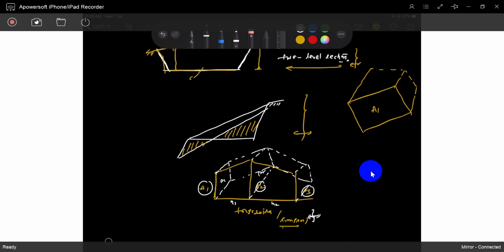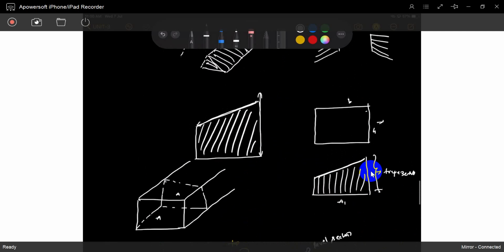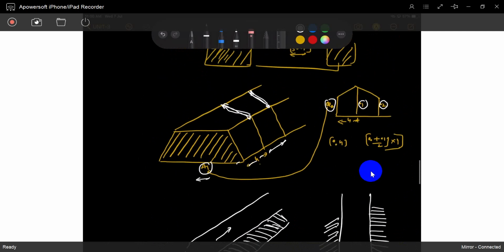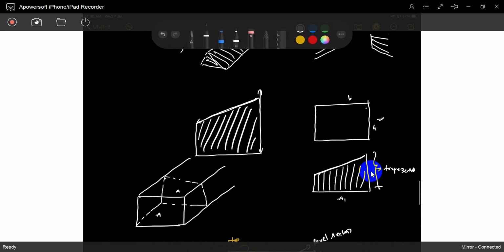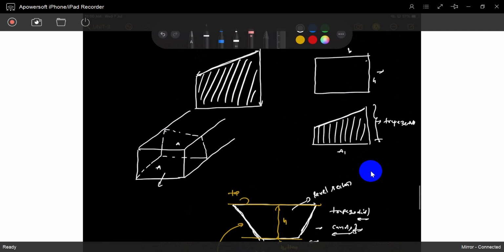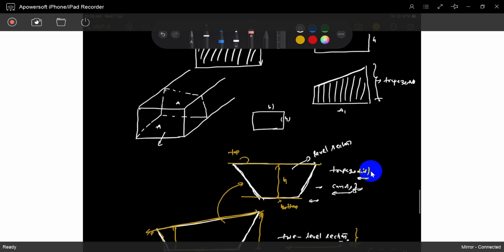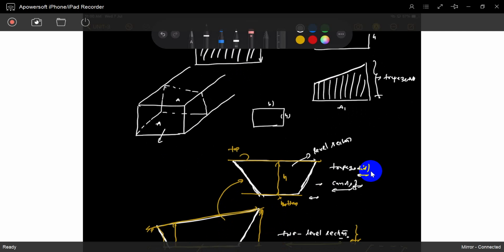Okay, that's it. In the syllabus they mention it as with transverse slope or without transverse slope. If there is no slope, it's just a rectangular shape. To find out that area is not a big deal: B into H, you get the area. The big deal is the transverse slope. This is the slope. Understood?